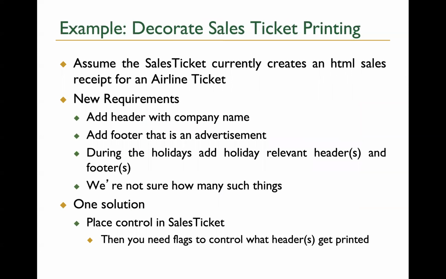So here are the requirements: you are trying to do sales ticket printing, and then we can add header and footer, and also on different occasions we might want to change the header and footer to show holiday information, or to show some other special information. The solution must be very flexible. All right, so let's see how this works.